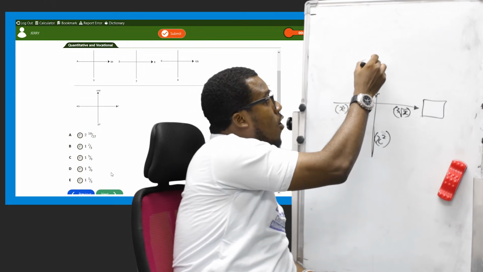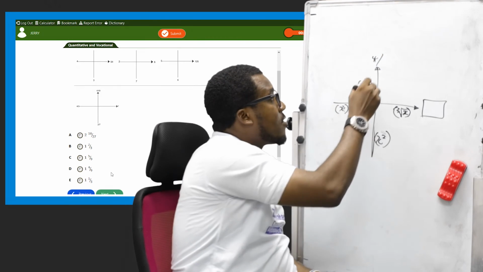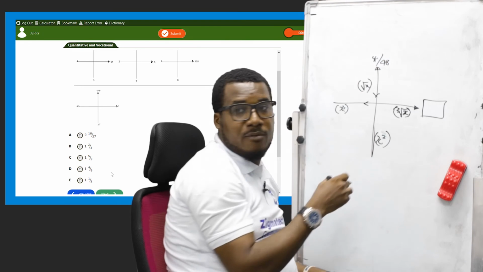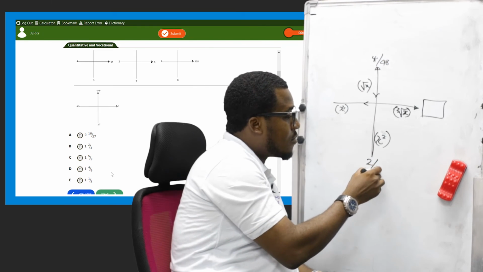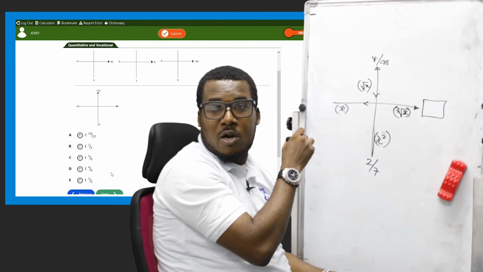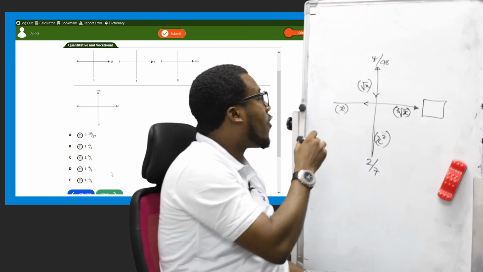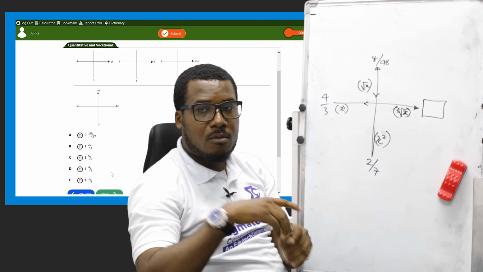We are given it to be 4 over 48. We're given down here to be 2 over 7. And then we're given here, which is the only determinant number on the horizontal axis, to be 4 over 3. And we're looking for this.